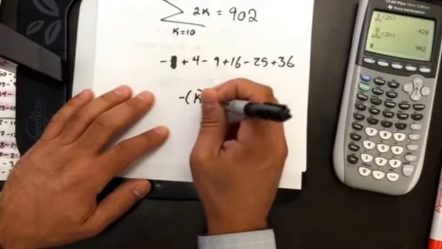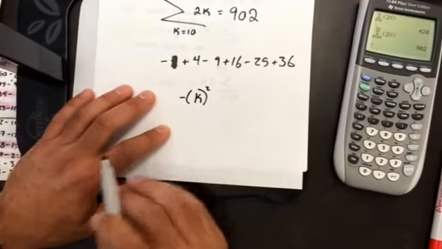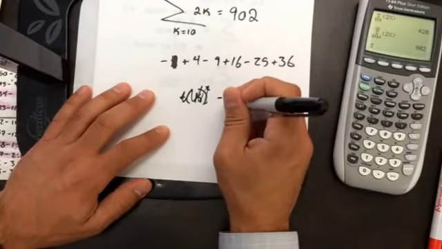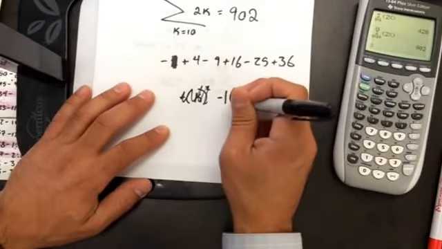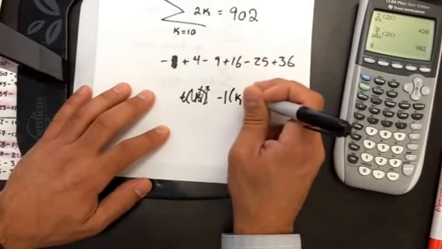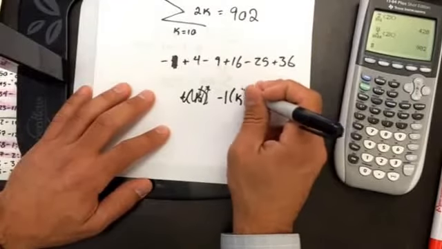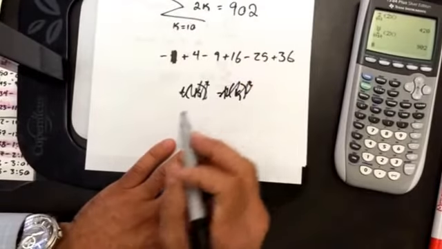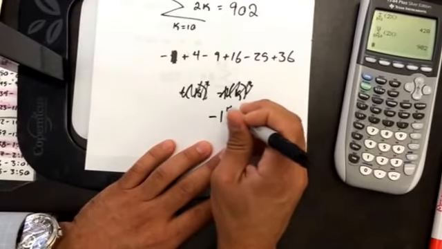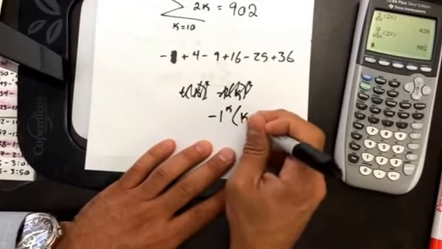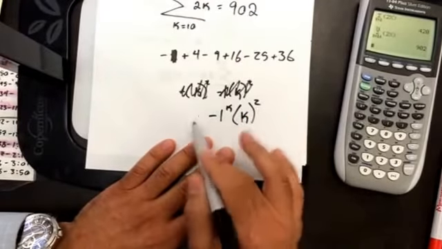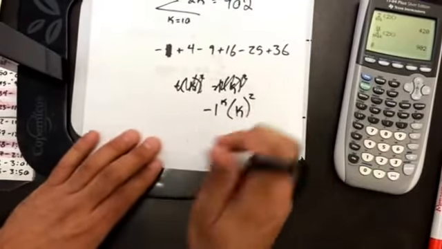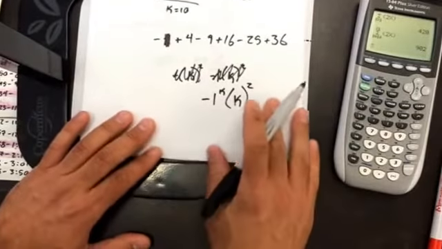Negative 1 to the power of k times k squared. So that gives me negative 1, positive 4. Okay, perfect. So I want negative 1 to the power of k times k squared.